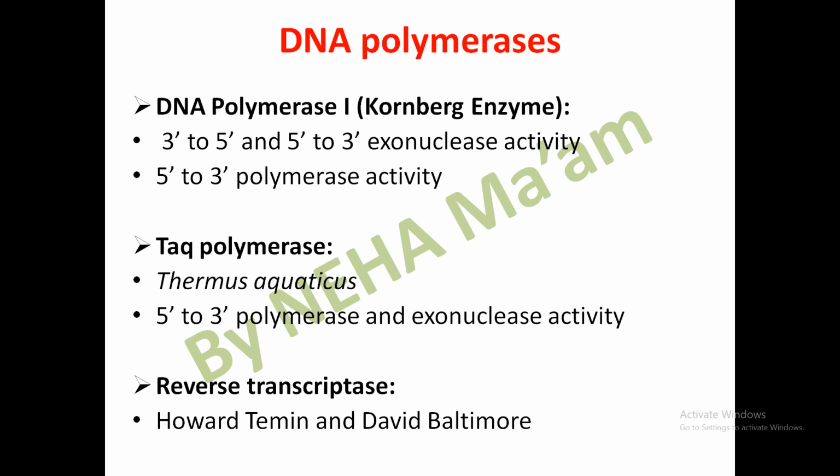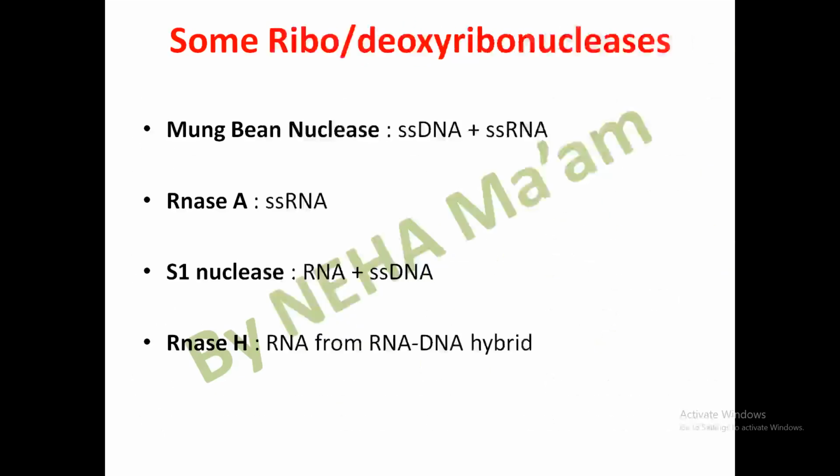So it can remove the double-stranded contamination towards the upstream of the DNA sequence, and it can also help in the amplification of the DNA. Another DNA polymerase is reverse transcriptase, which was discovered by Howard Temin and David Baltimore. This enzyme basically helps in the production of DNA from the RNA sequences.